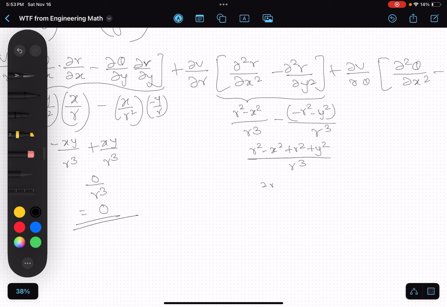Now this is just 2r square minus x square minus y square. We know x square plus y square is r square, so 2r square minus r square by r cube, which is r square by r cube, which is 1 by r.